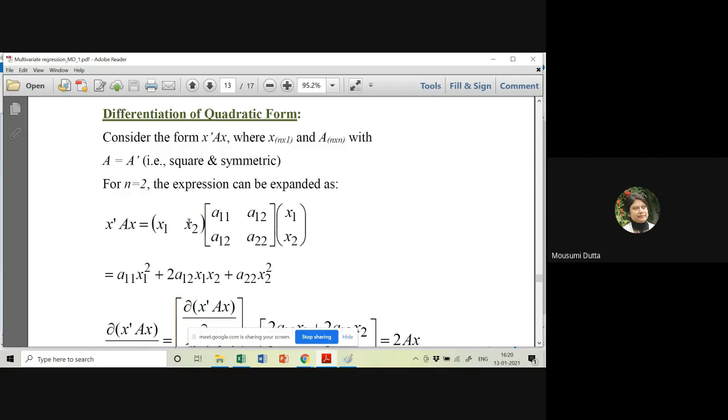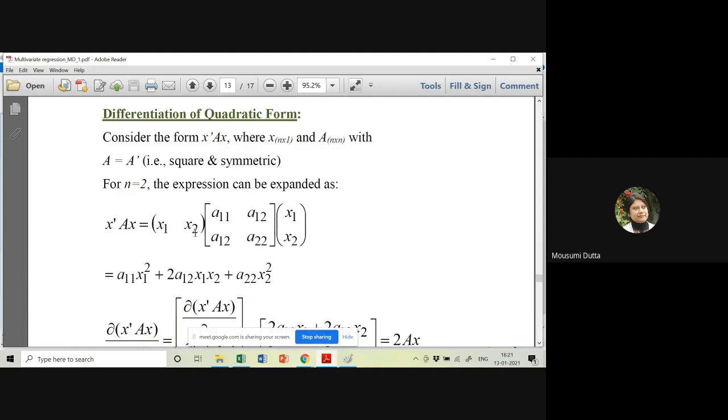As I do so, if I follow the steps one by one, first I'll follow the multiplication in this format, row column in this format. So I'll get a11, x1 in this format. First I'll multiply x1, x2 with this, and then I'll again multiply the entire thing with x1, x2. If you do all these things, I'll get finally a11 x1 square plus 2a12 x1 x2 plus a22 x2 square.